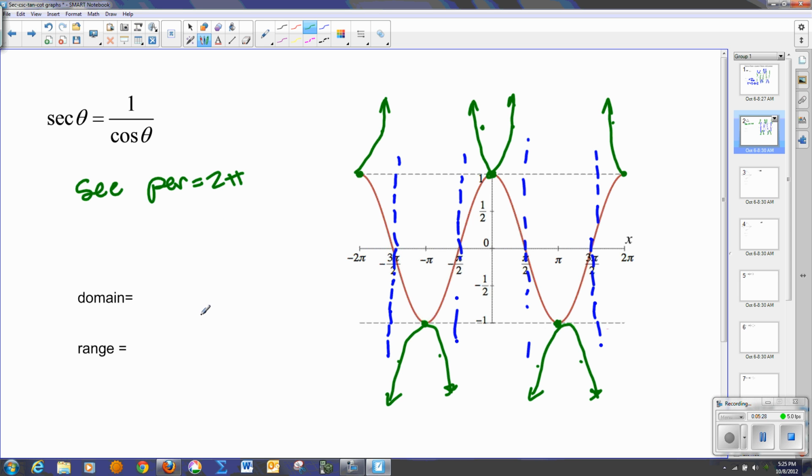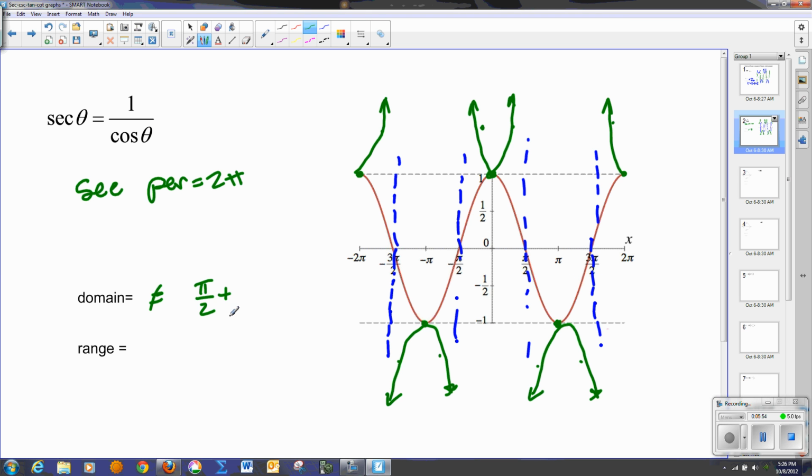The domain in this case, well, notice this time, instead of values of pi, I have values of pi over 2 as my asymptotes. So the domain will not equal pi over 2 plus, well, my next asymptote is 3 pi over 2.